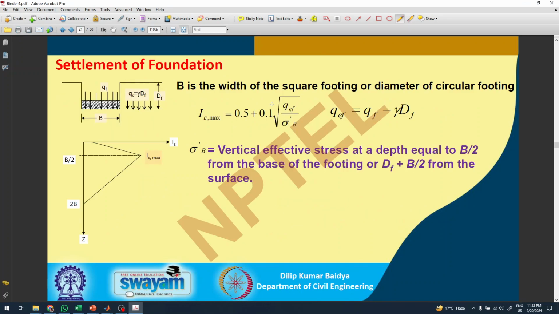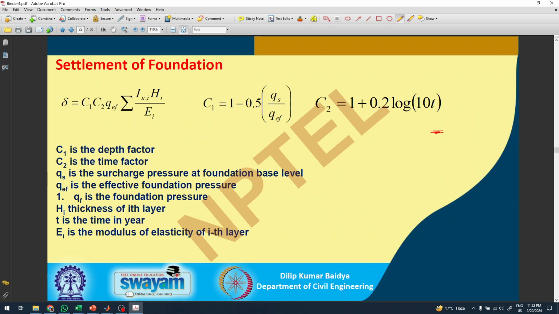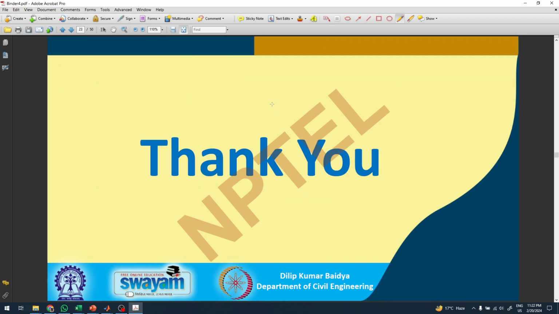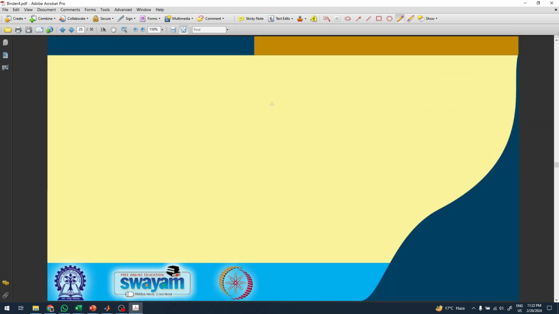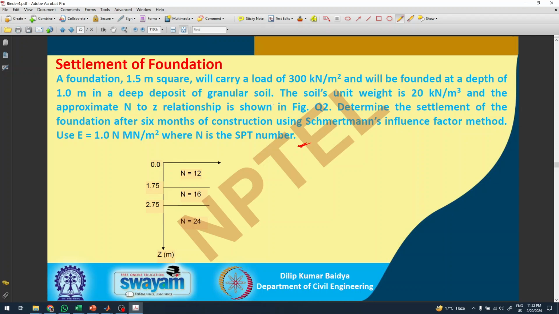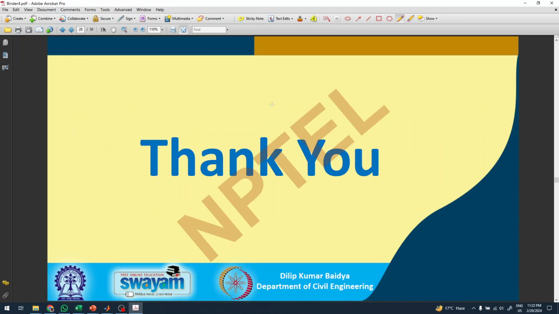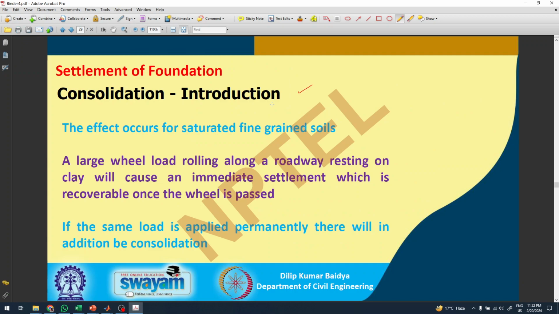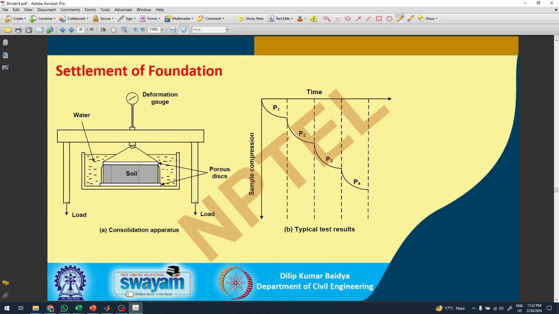Then further, there is a question that you have solved in class. That is nice. Then the next thing that we will do is there are two questions that we will tackle. One is for the Schmertmann method, and second is for normal consolidation settlement for fine-grained soils.